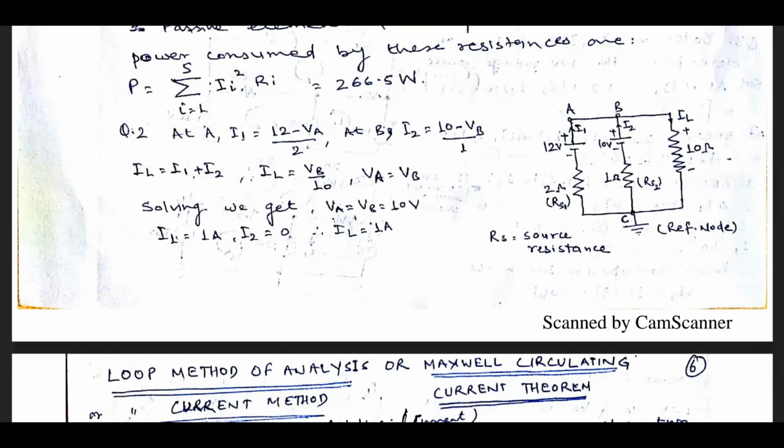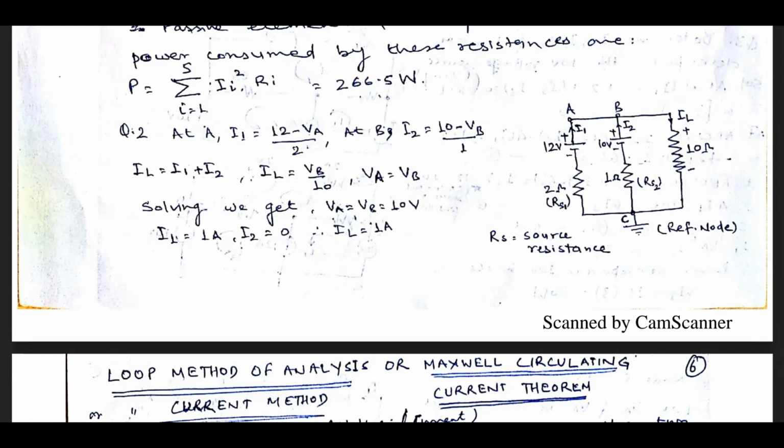Both these currents are flowing in the 10 ohm resistance. So at B, I1 and I2 are incoming currents and IL is the outgoing current. Applying KCL here, we get IL is equal to I1 plus I2.